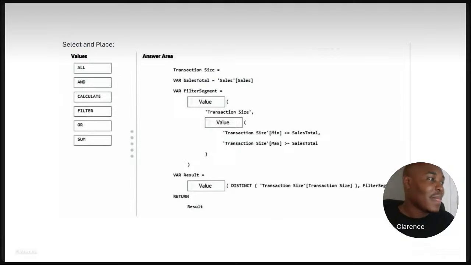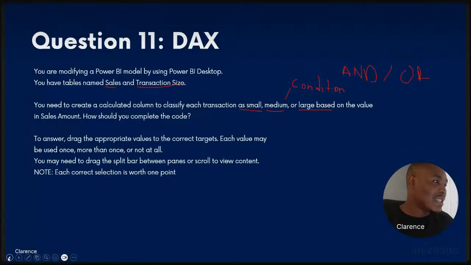Okay, cool. So we were just doing analysis on our question, right? We know that we need to create a calculated column to classify each transaction as small. The moment I hear classification, I'm already thinking about conditions, and, or, if statements and all of that. The other one that's also very useful for classification or separating certain things is filter.